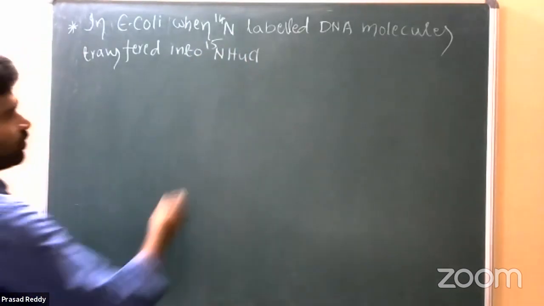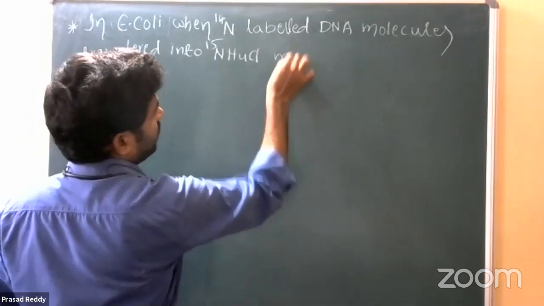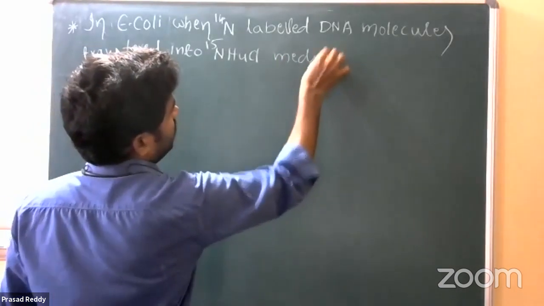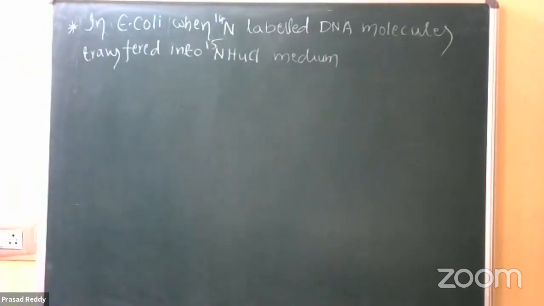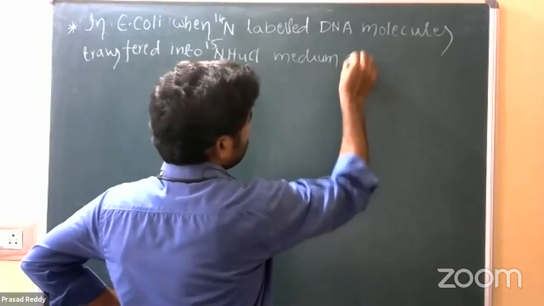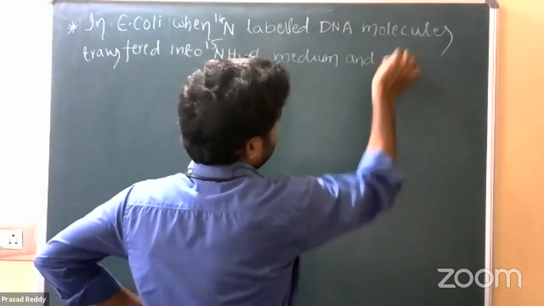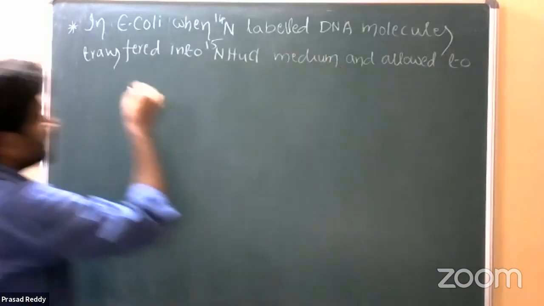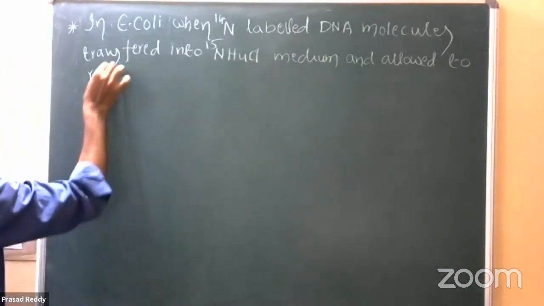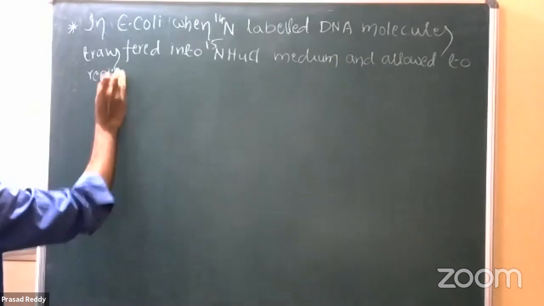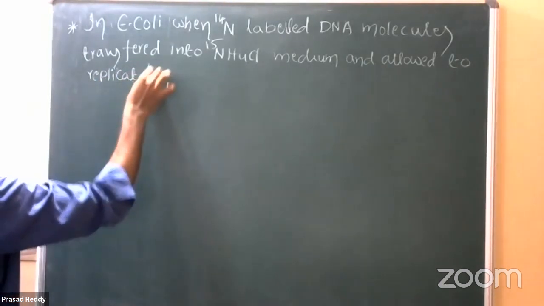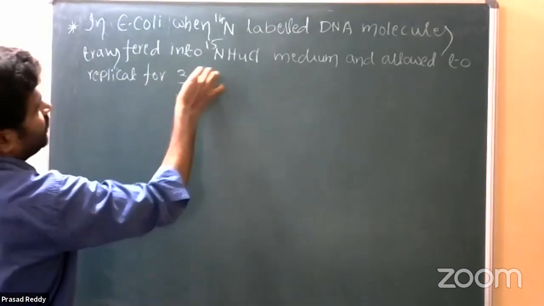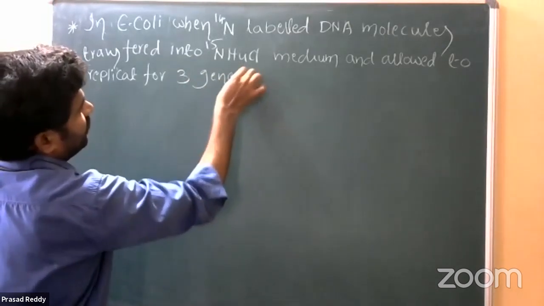N15 means heavy isotope containing medium. So this is a statement. And allowed to replicate for 3 generations.